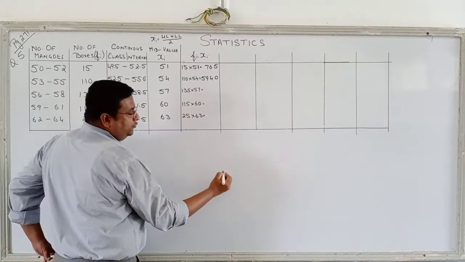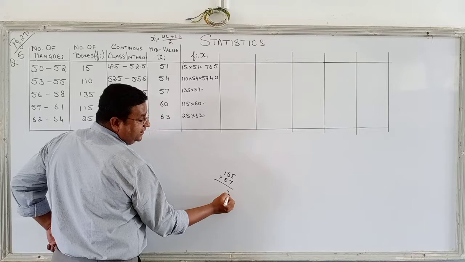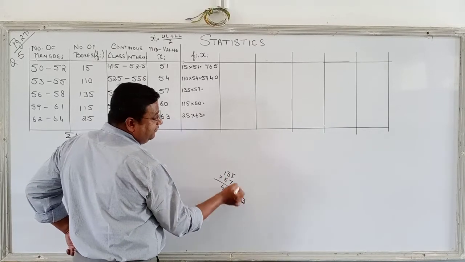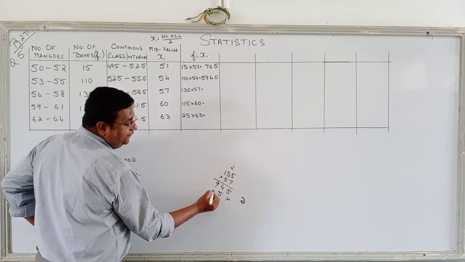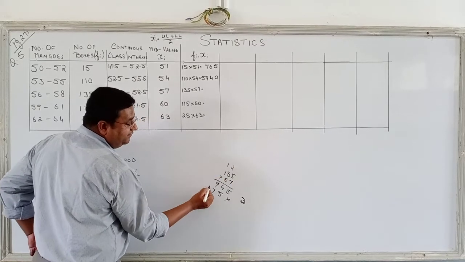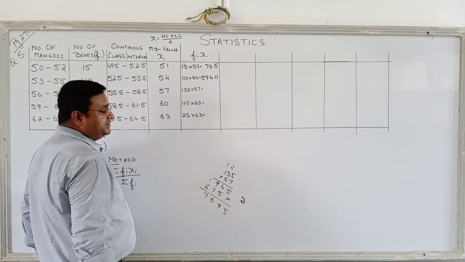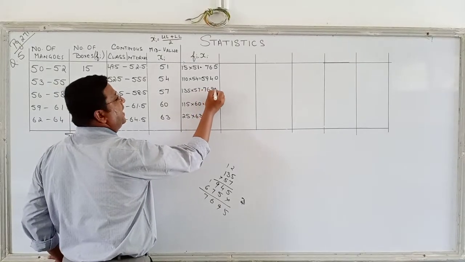This calculation we have to do, 135 into 57. 7 5s are 35, carry 3, 7 3s are 21 and 3, 24, carry 2, 7 1s are 7 and 2, 9. 5 5s are 25, 5 3s are 15 and 2, 17, carry 1, 5 1s are 5 and 1, 6. 5, 9, 6 and 1, 7, 6, 9, 5. Correct? 7, 6, 9, 5.